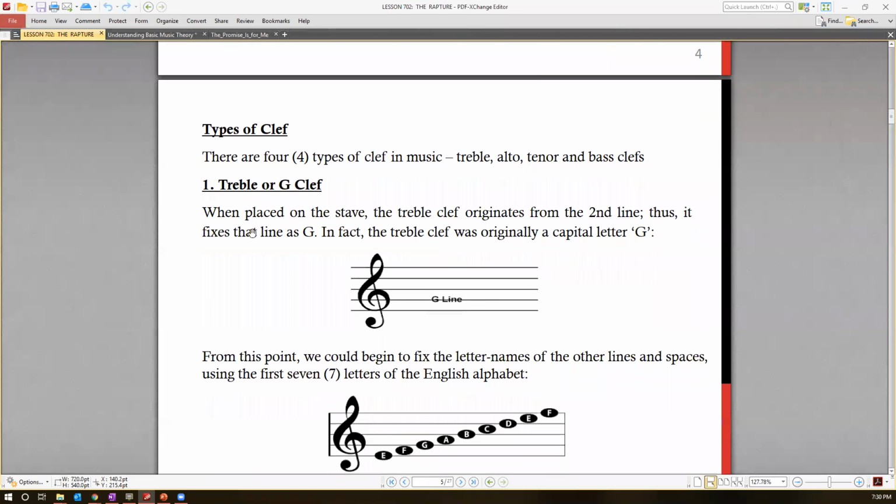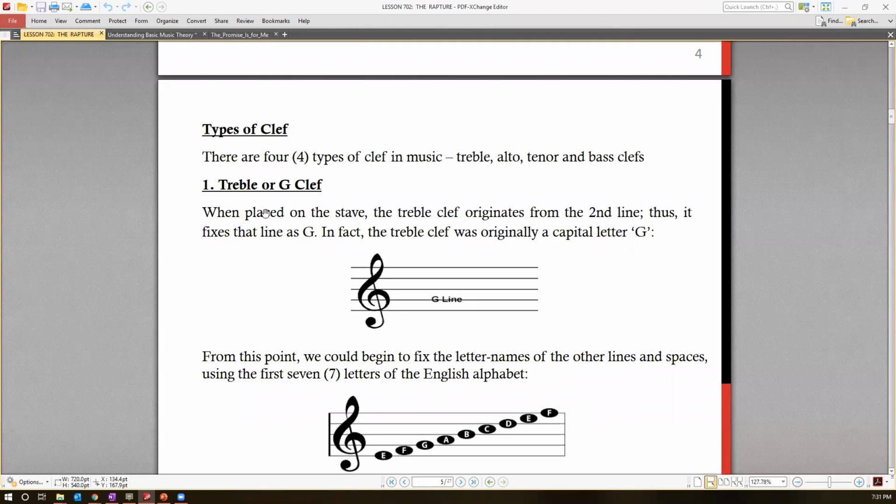So we're going to go to the treble clef, or G clef. Like we read earlier, the clef is just to help us identify what letter is represented by a line.